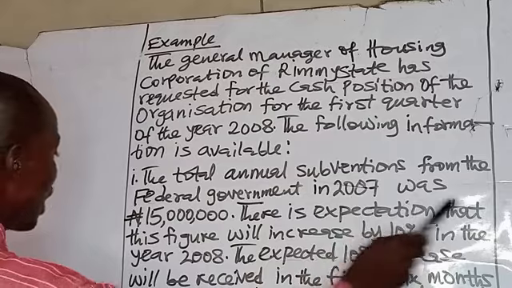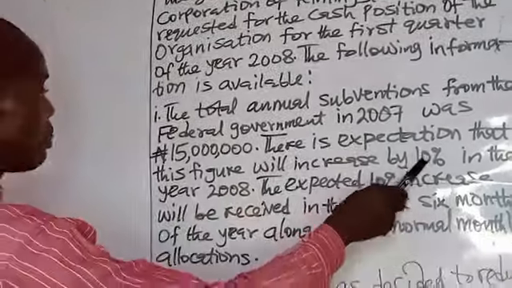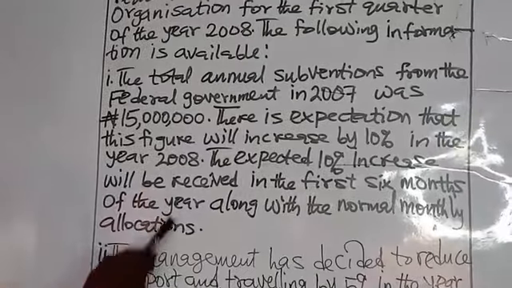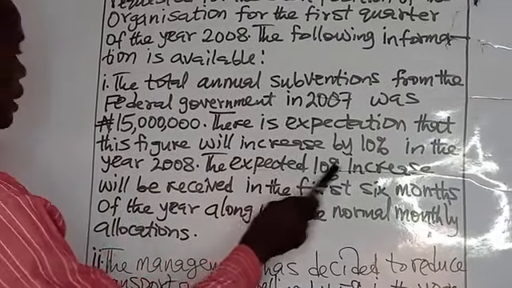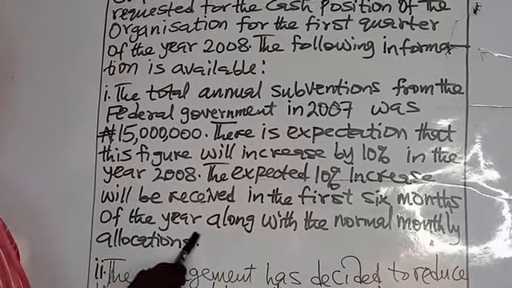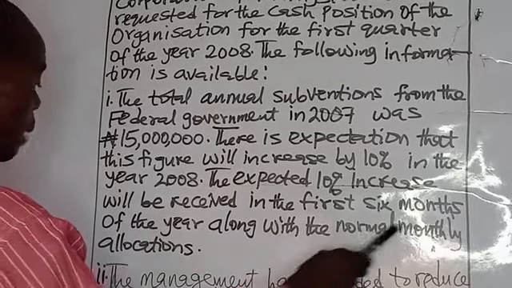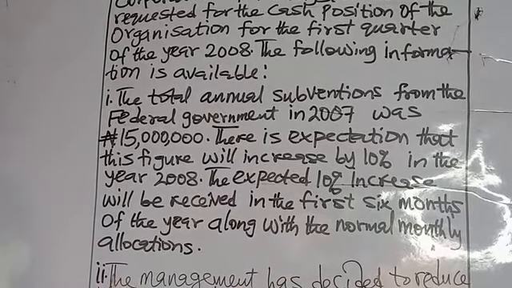There is expectation that this figure will increase by 10% in the year 2008. The expected 10% increase will be received in the first 6 months of the year, along with the normal monthly allocations.